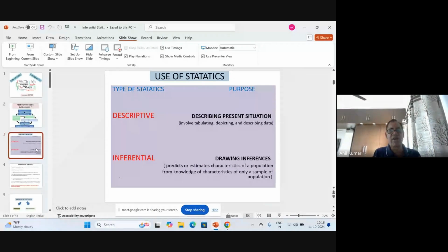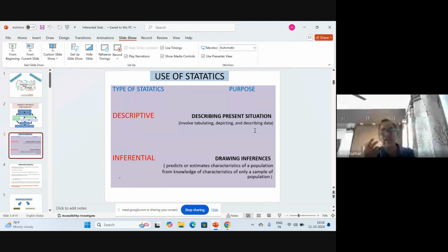Already I made it clear in my earlier discussion also that descriptive, again, this is a very important aspect. That's why again and again I am putting it in front of you. Descriptive means describing the present situation by way of tabulation, by way of depicting, by way of describing that data.